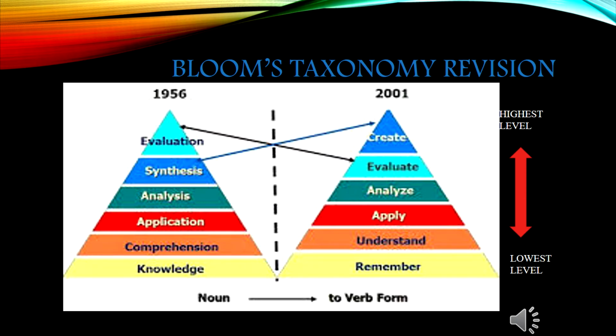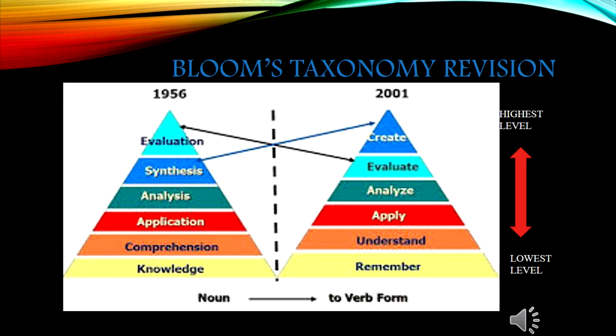Now you all see this slide. This slide shows 2 pyramids. The pyramid on the right is the Anderson revision, known as the revised version or new version of Bloom's taxonomy. The pyramid on the left is the old version.